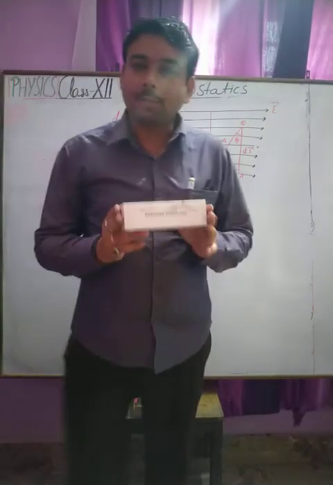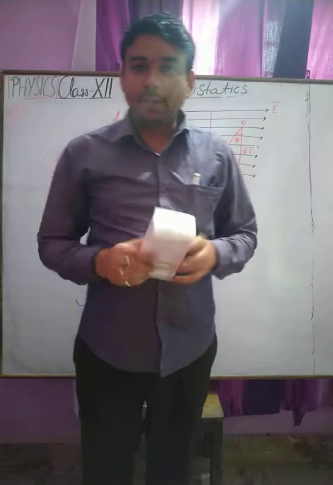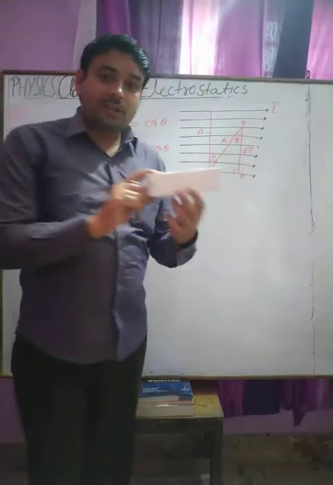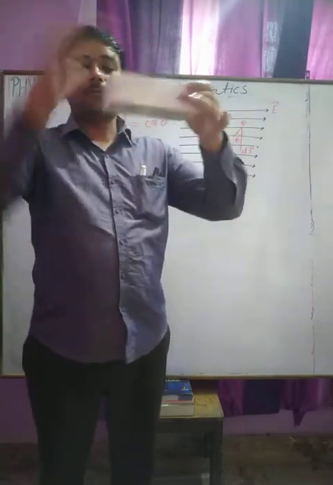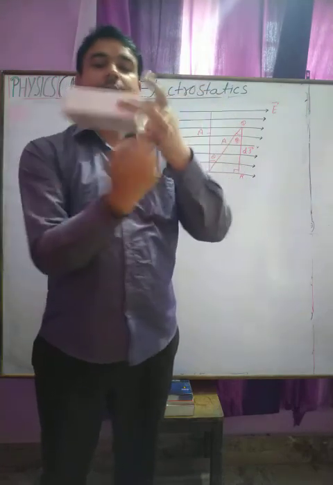Now we understand about the area vector for a cuboidal surface. You all know a cuboidal surface has 6 faces: upward, downward, forward, backward, left and right.